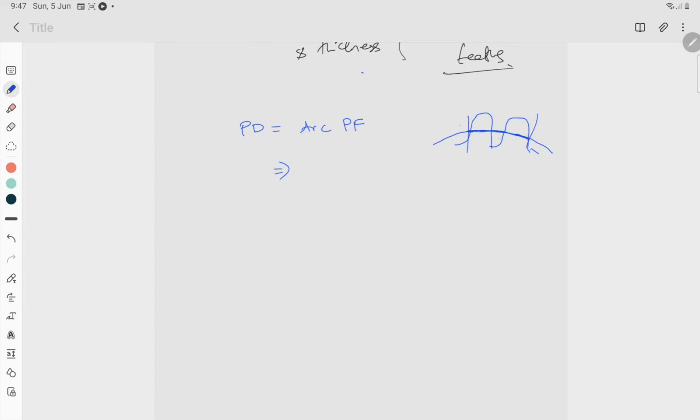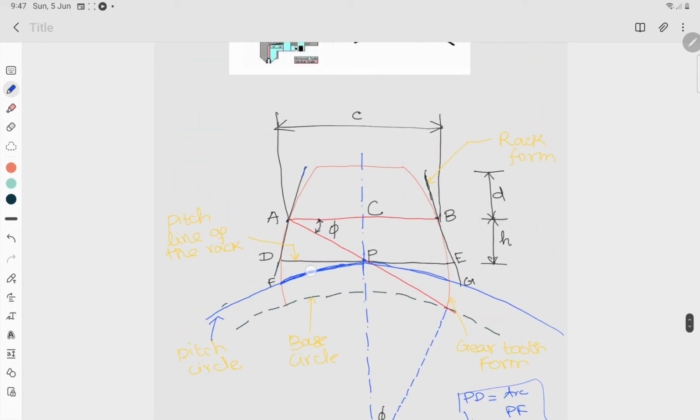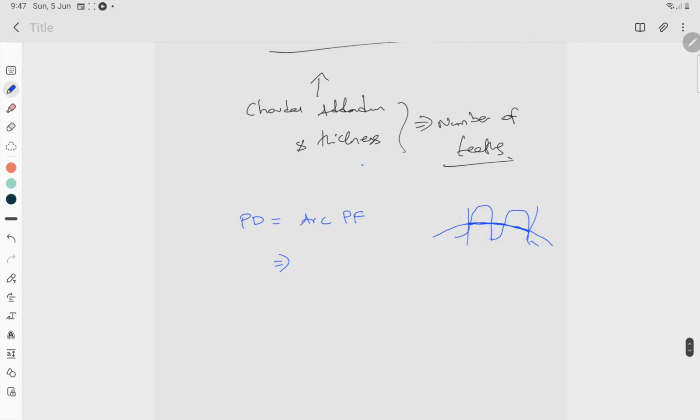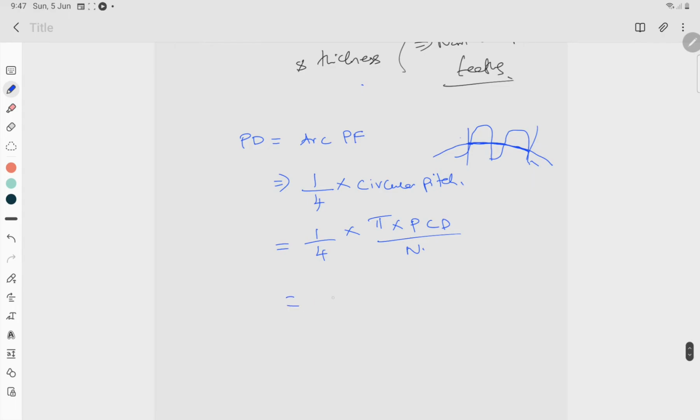In our diagram we are considering only this portion, which is nothing but 1/4 of the circular pitch. So replace it as 1/4 of circular pitch. The circular pitch we know is pi times pitch circle diameter by number of teeth, and pitch circle diameter by N is the module. So PD is given as 1/4 pi m.